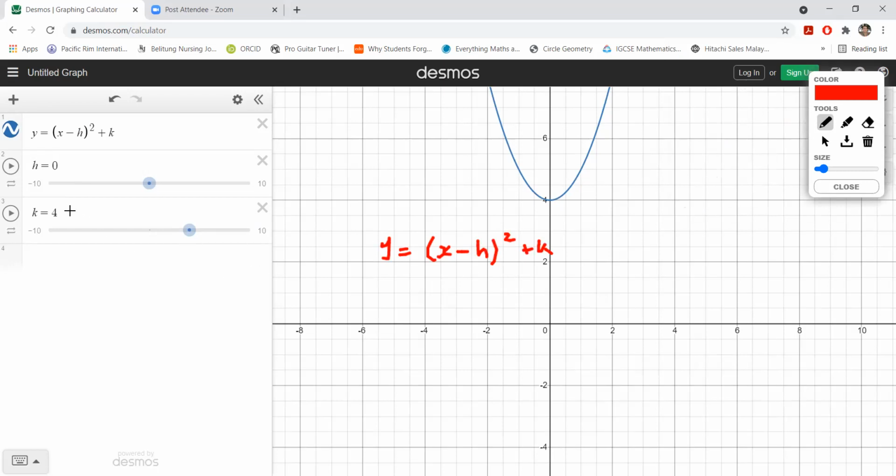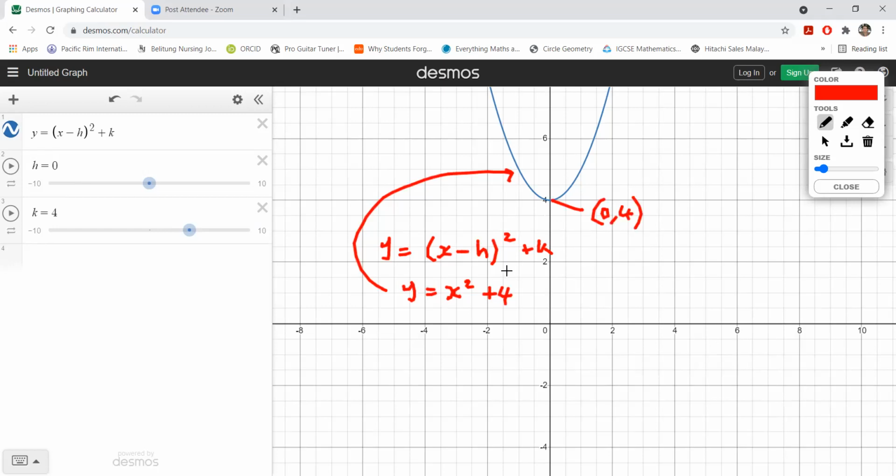Okay, and in this case, h is 0. So this is gone. So you're going to get y equals x squared. H is 0, so ignore it. And k is 4. So that's like the previous section, where we've got x squared plus 4. Your vertex here is 0, 4.